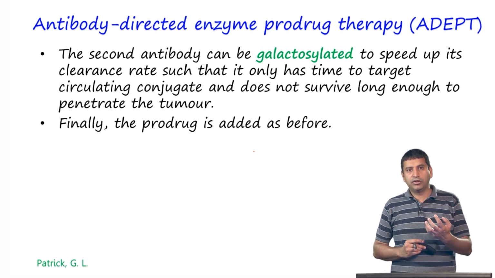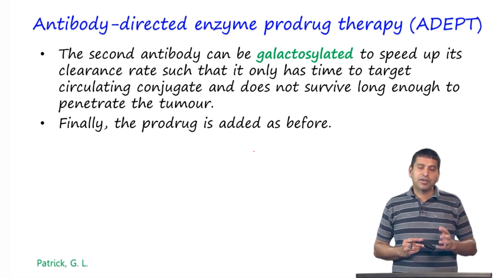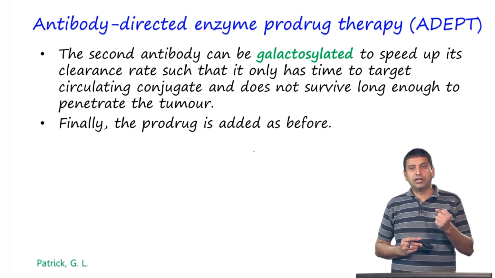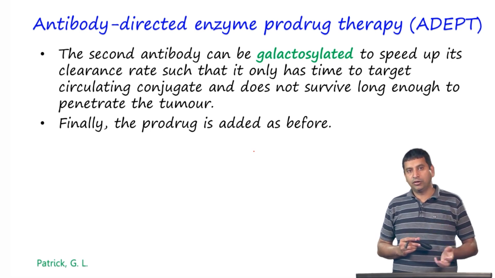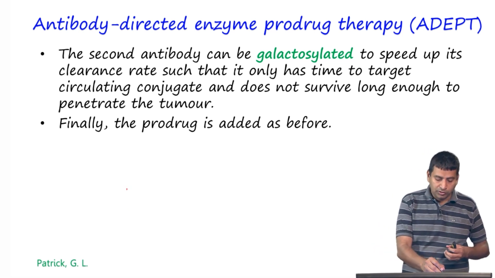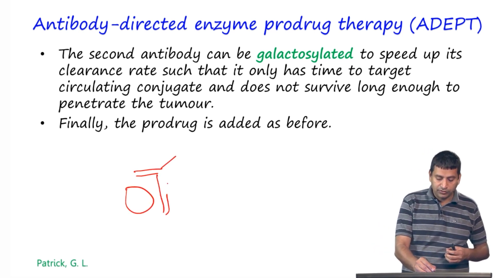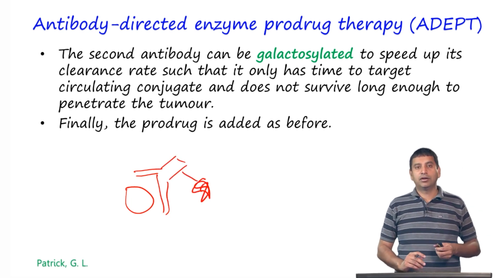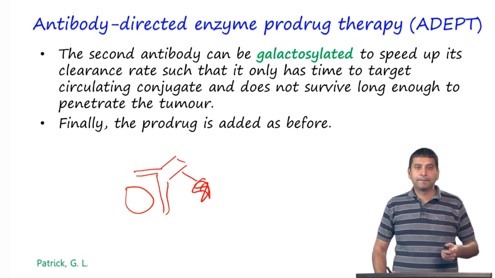Galactosylation helps increase the clearance rate, so it has time to target the circulating conjugate, but it does not survive long enough to penetrate the tumor. Then we add the prodrug. So, here the tumor alone has a considerable amount of this antibody drug enzyme conjugate.